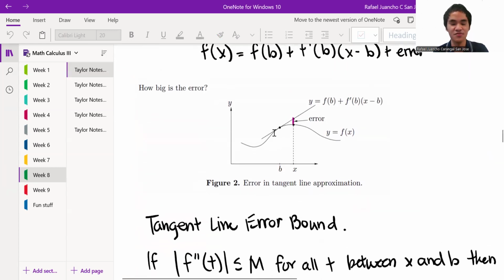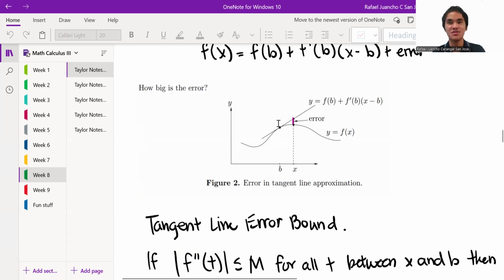We estimate using a line, and we call this a linear approximation of the curve at that particular x value, which is b, or we call it a tangent line approximation, or we also call it a first Taylor polynomial, right? So it helps us estimate what the behavior is or what the value is at that point, given a line. And then we can also use that to estimate an error.